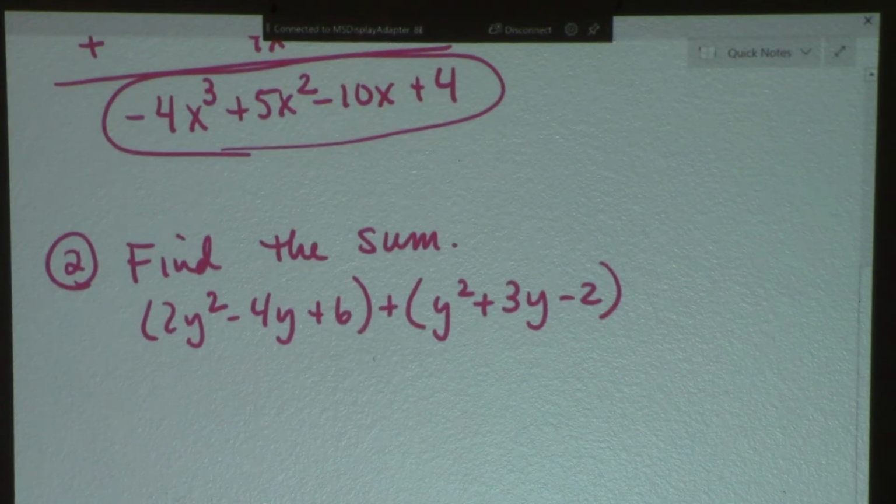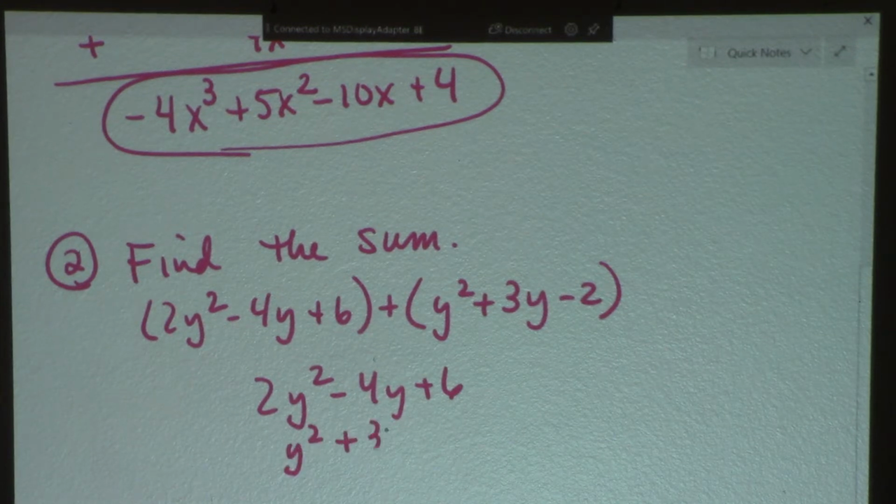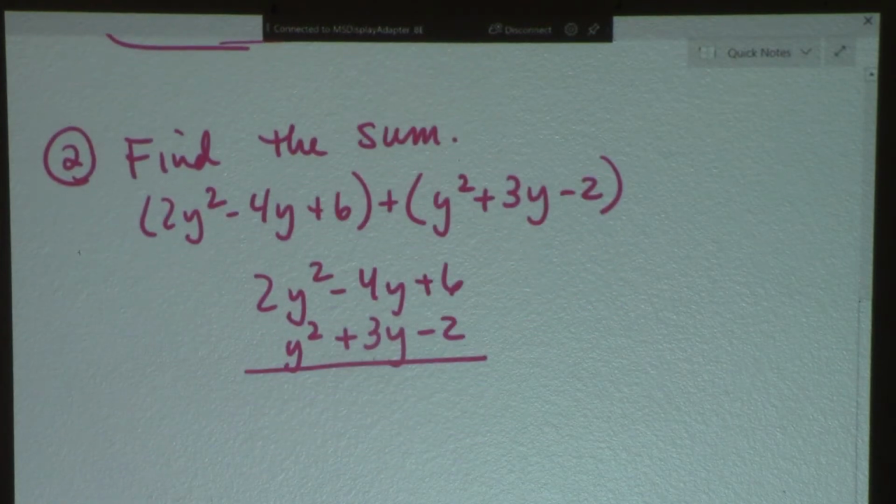Okay, so again, I've got two trinomials here, and I'm going to write them one above another. So I have y squared plus 3y minus 2, okay? And I have 3y squared, negative 4 and positive 3.